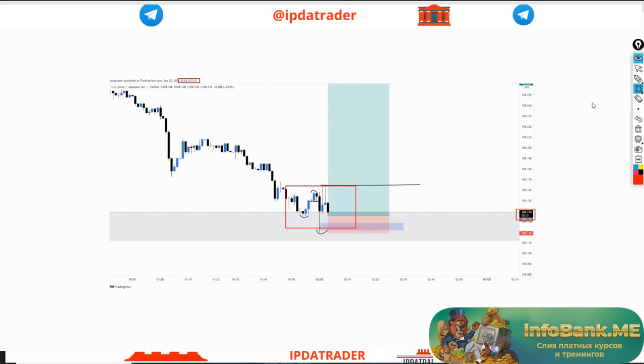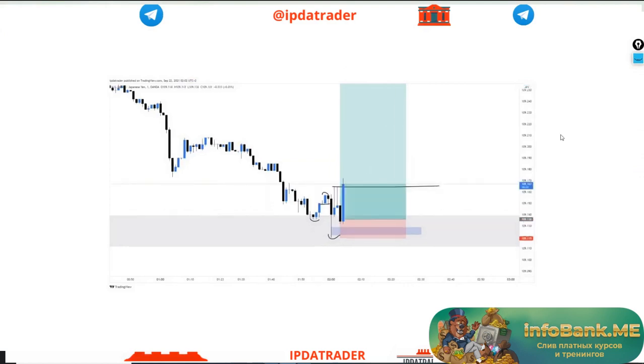I just used low risk because I know that this is a lower probability mitigation. However, I was fine with the risk. I saw the reward and I decided to execute on that. So let's continue. As you can see, instant reaction to the upside. We actually broke structure once again, right? If we look here, we actually broke internal structure right here, made a new high.